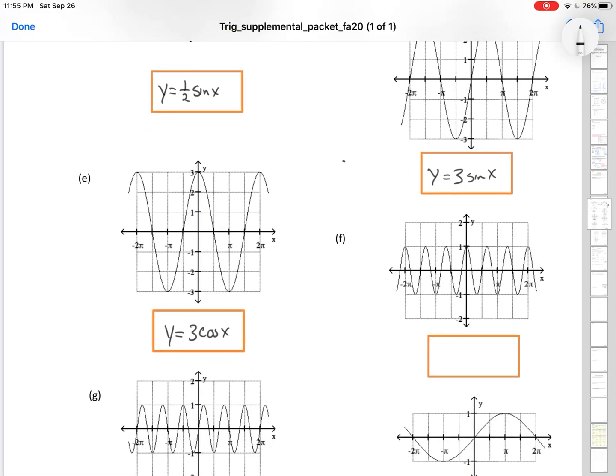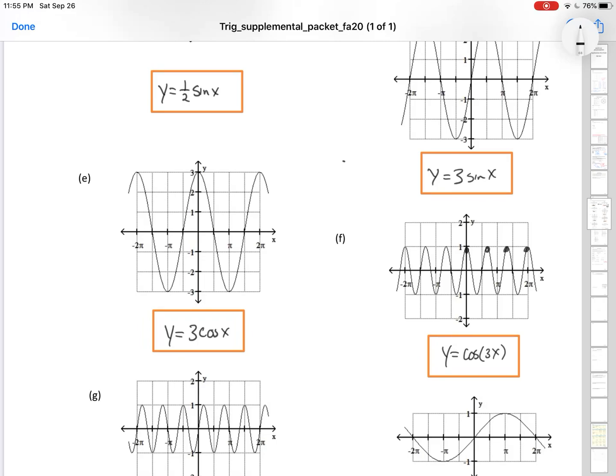Now, what is this one? It's absolutely a cosine function. There's no amplitude adjustment, but there is a period adjustment that's sometimes hard to see. So I'll tell you a trick. Count the number of times we get back to this point as we move to 2 pi. 1, 2, 3. So because of that, I now know that this is a 3x in here.